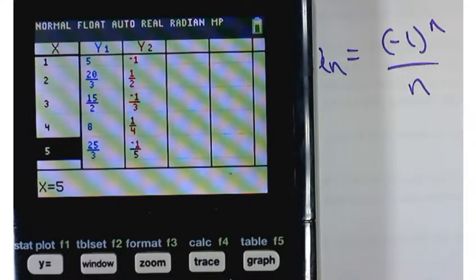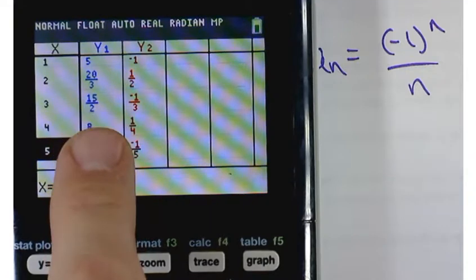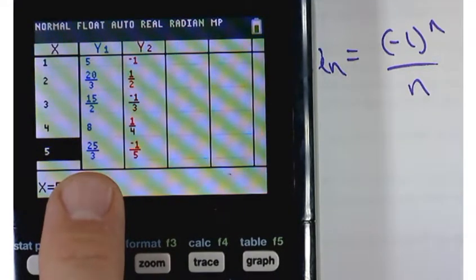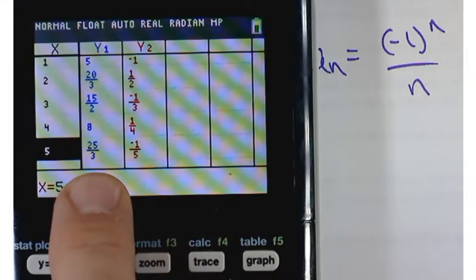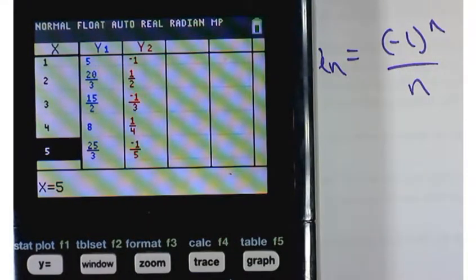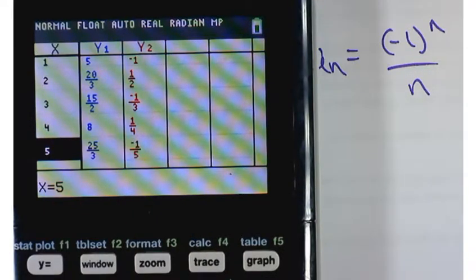And let's see what's happening to these values. 5 and 20 over 3, 15 over 2, 8, etc. So these seem like they're increasing. These seem like they're bouncing around a little bit. Now what they're asking you to decide in problems 10 and 12 is which graph matches the graph of these sequences.